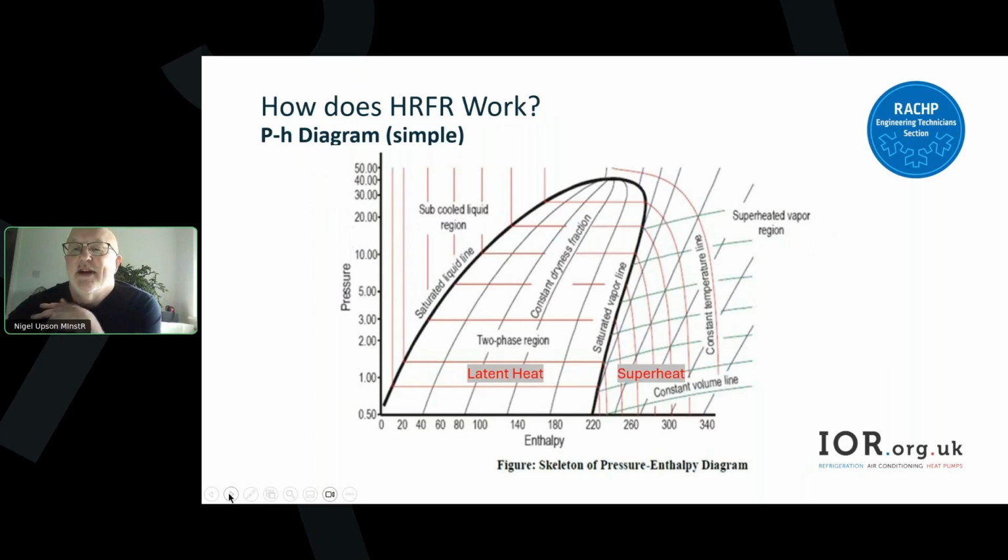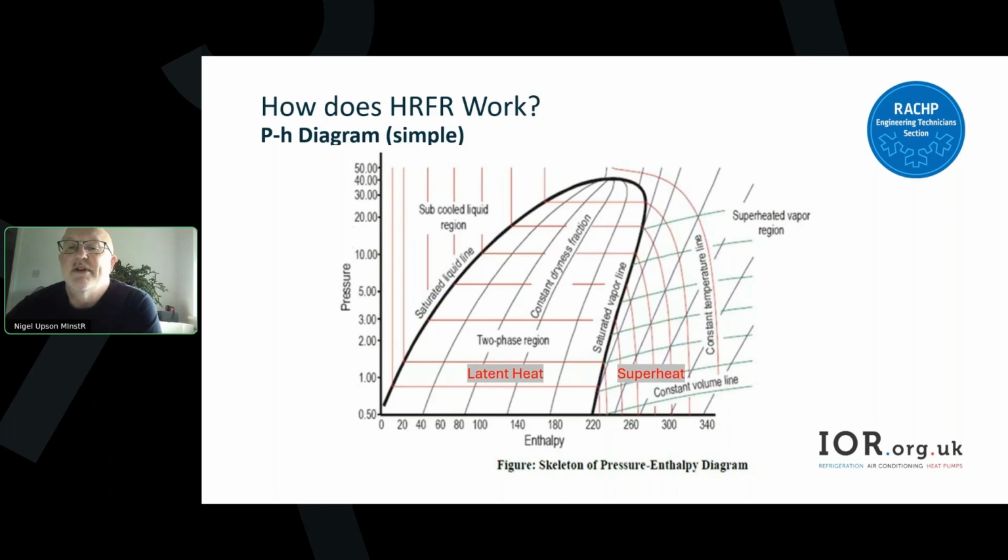So this is a pH diagram, and basically to try to illustrate what I've just said in diagrammatic terms. If you can see my cursor, this is the saturated vapor line. This is the point at which all of the refrigerant gas has turned to vapor, and the saturated liquid line is where all of the gas has condensed into liquid.